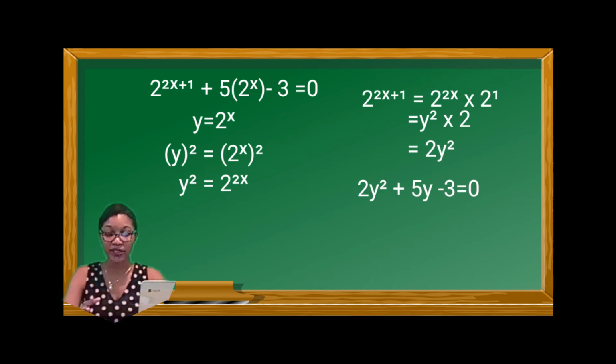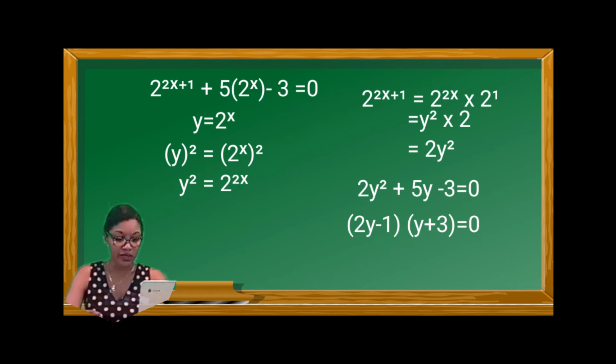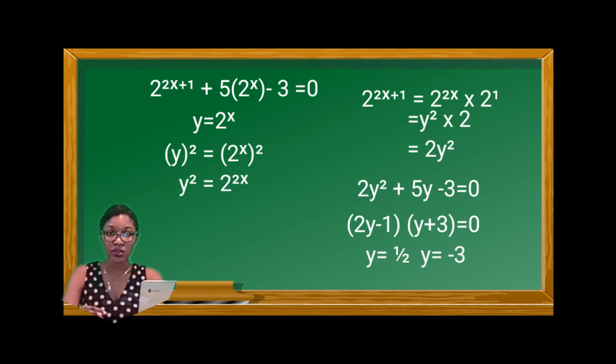We factorize, so we get 2y minus 1 multiplied by y plus 3 is equal to 0. So y is equal to a half and y is equal to negative 3. Now we solve for x. A half is equal to 2 to the power x.